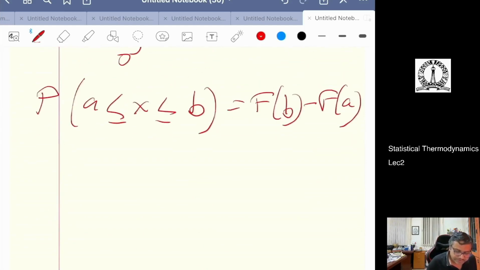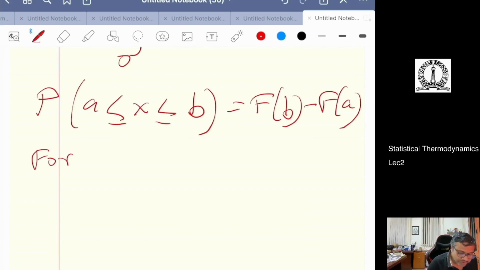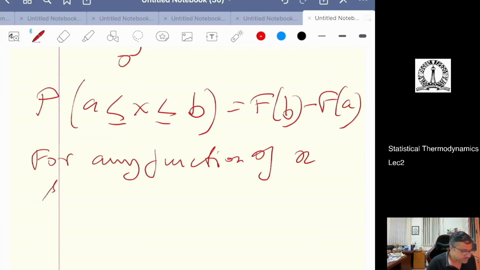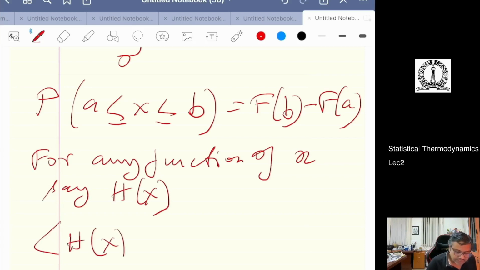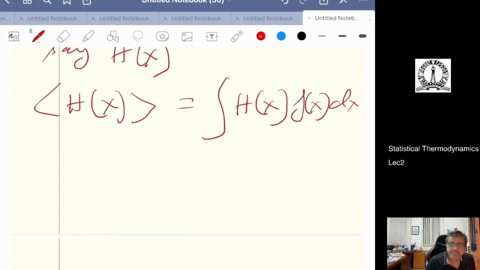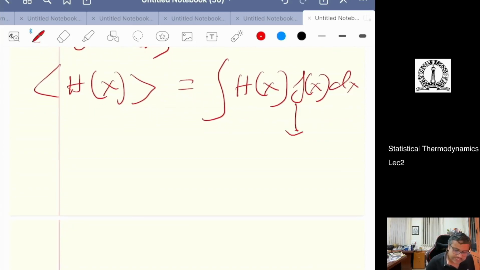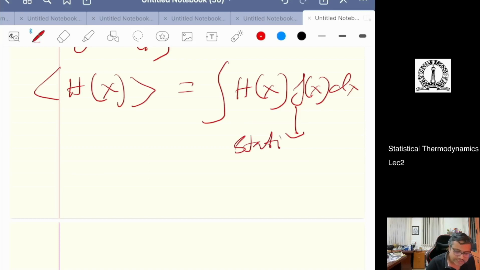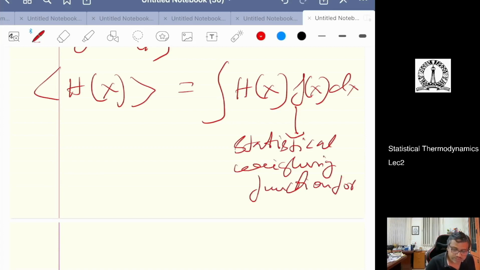Now, there's a couple of things more to note. For any function of x, say h(x), the average of h(x) is basically the integral of h(x) into f(x) dx. Okay, so as we told earlier, it is a statistical weighing function for h(x).